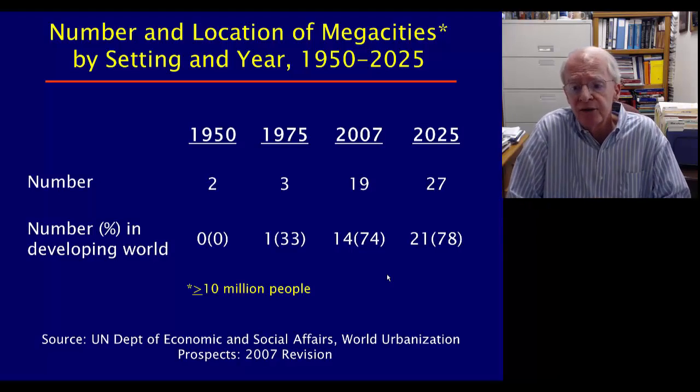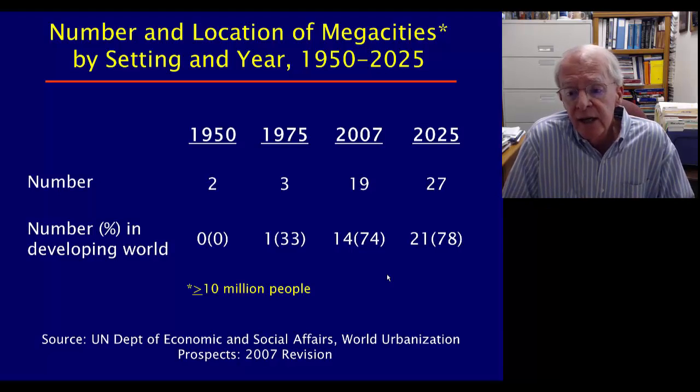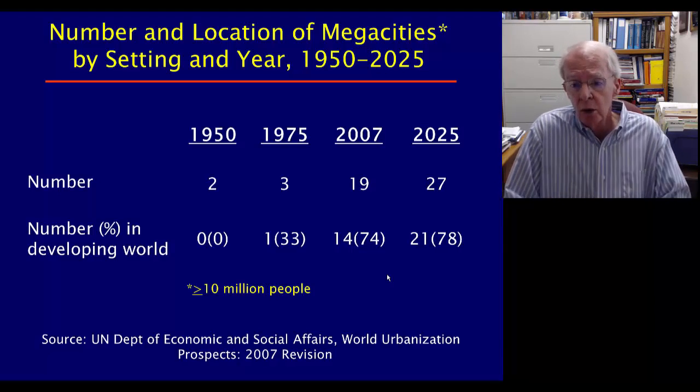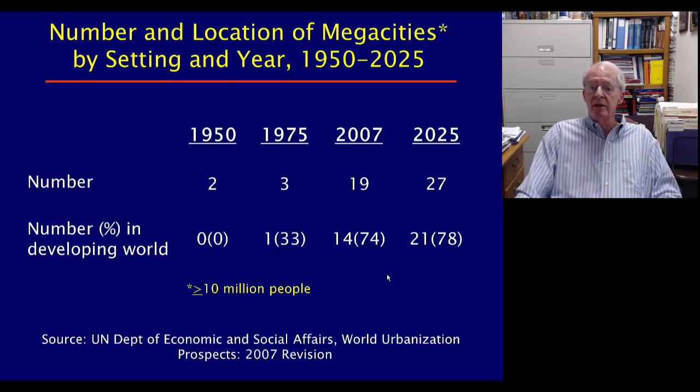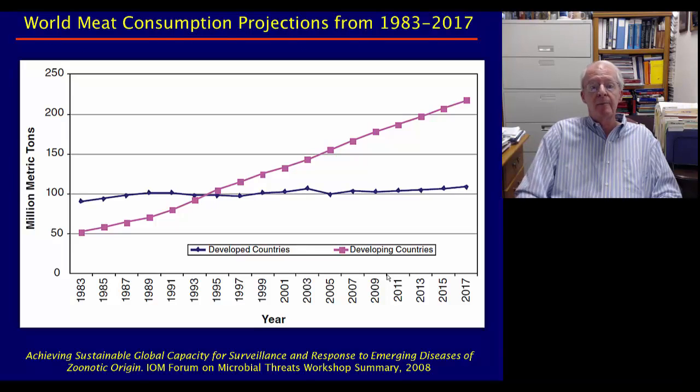However, by 2007, there were 19, 3/4 of which were located in the developing world in low-income country settings. And by 2025, this projection predicted as many as 27, with nearly 80% being located in low-income countries. If you look, you may find other projections showing either even higher numbers in years after 2025.